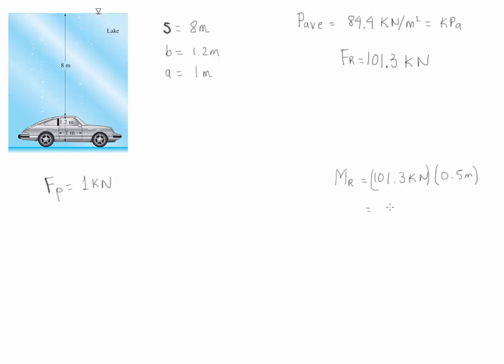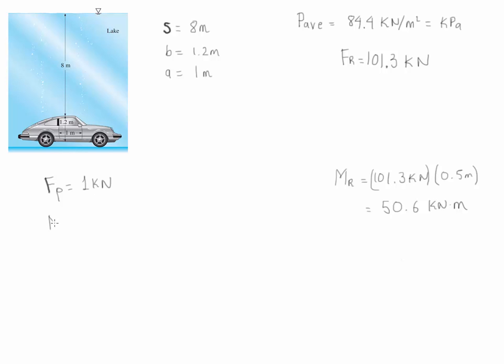That tells us that this moment is going to have a value of 50.6 kilonewton-meters. And let's see if we are able to apply a force. If we're trying to open this door, we're going to do it from the handle, or the farthest point away from the hinge, which is about 1 meter.